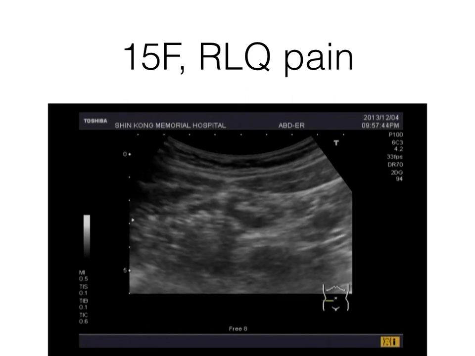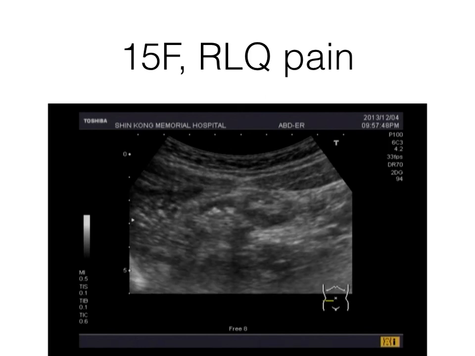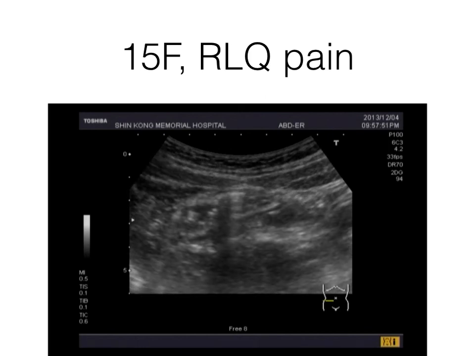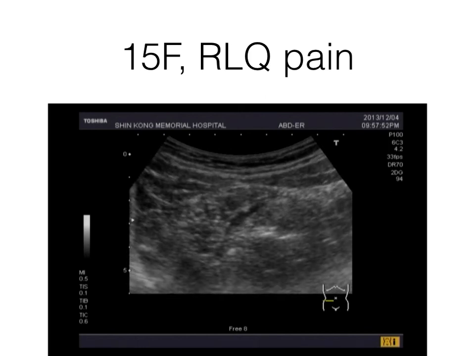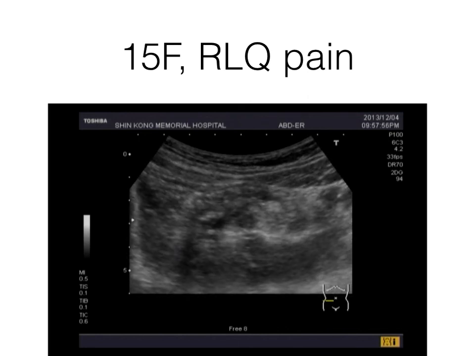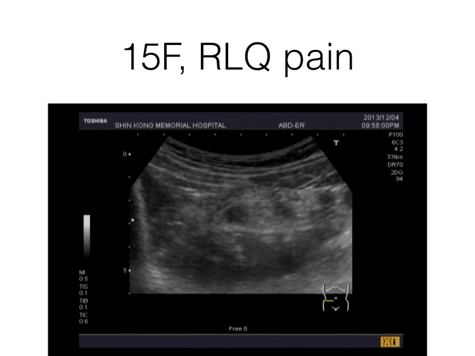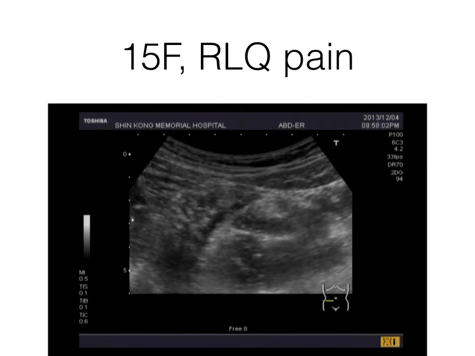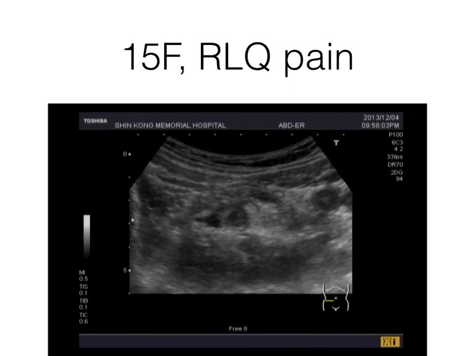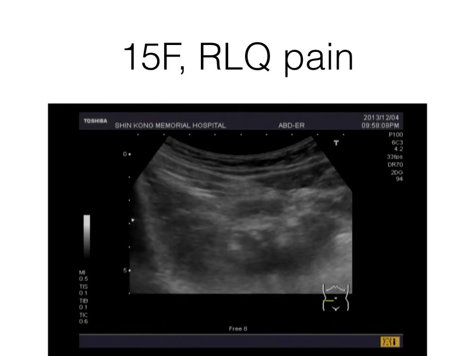Straight, circular, circular one. The second, this one is a tube with peristalsis, so that's the terminal ileum. See the end.